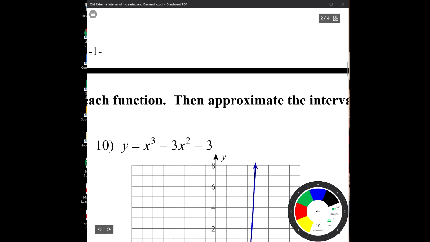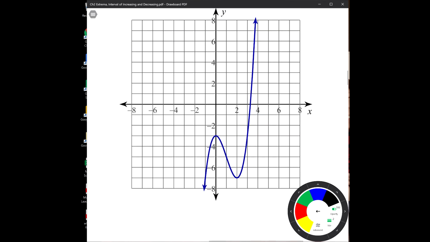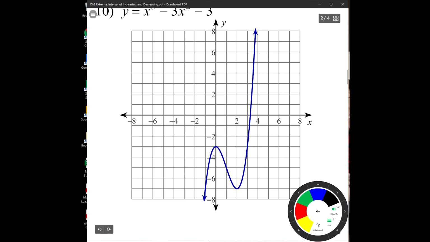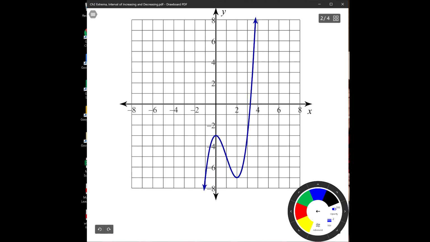Okay, we can try this one. So first we talk about increasing, decreasing. Increasing interval will be this part right here and this part right here.